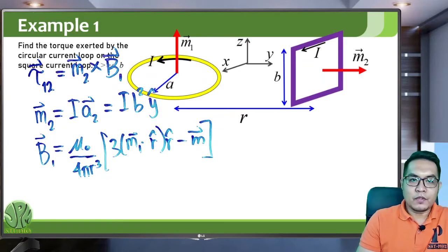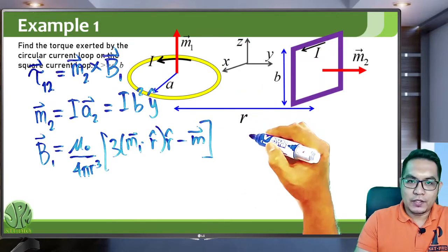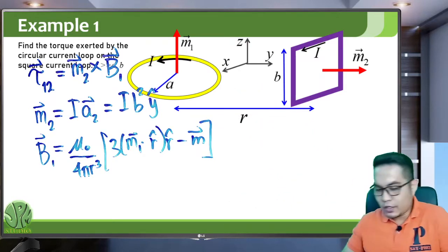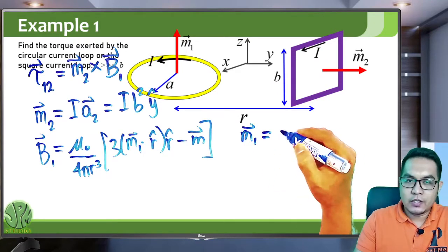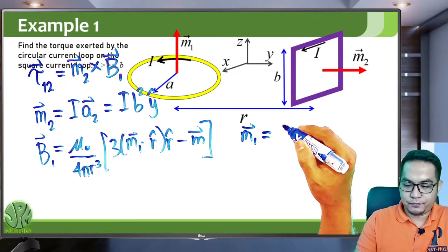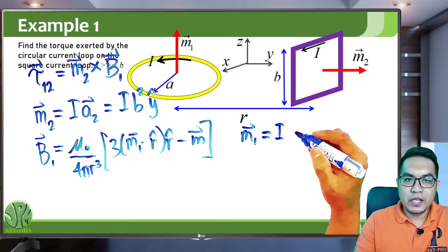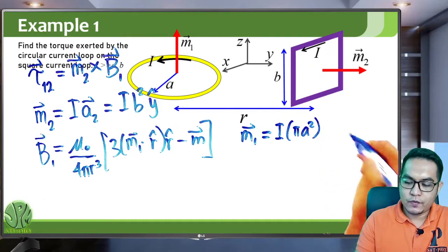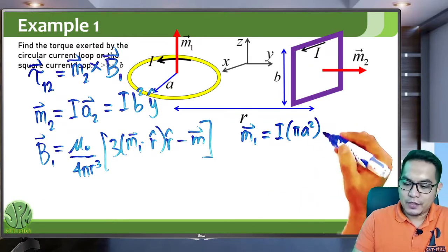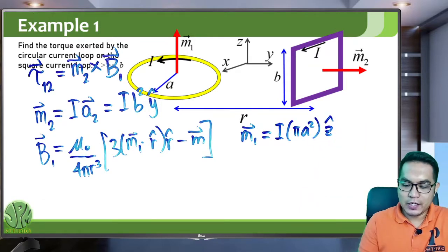So what is m1? It's just current I times the area of the circular loop, which is pi a squared, and its direction is z hat. So that is m1.